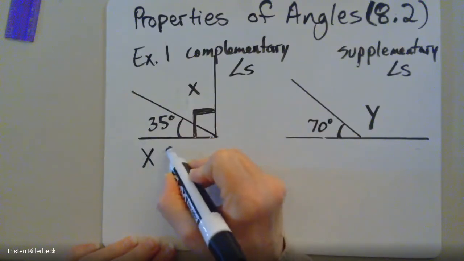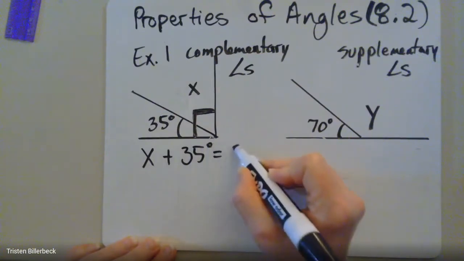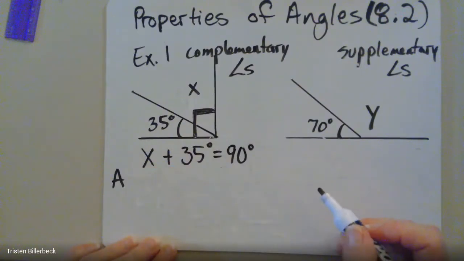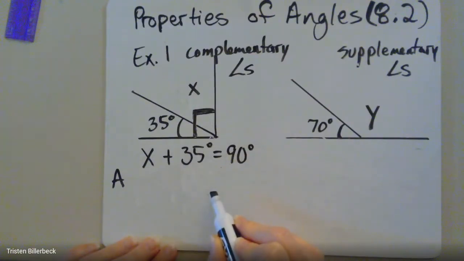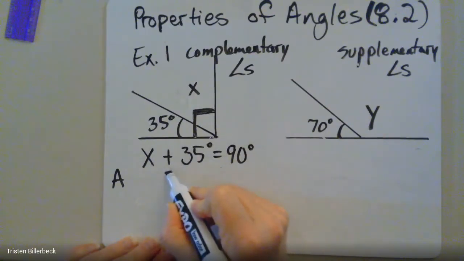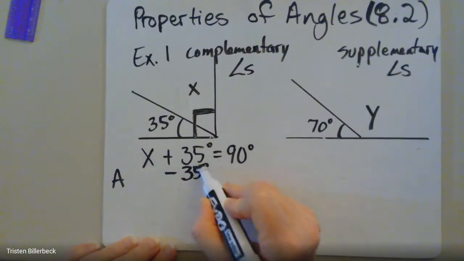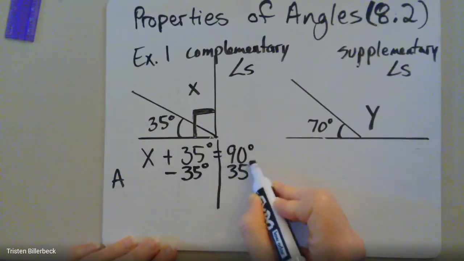So x plus 35 degrees equals 90 degrees. Now we're going to use an additive inverse to solve this problem. So plus 35's inverse would be minus 35 degrees. And if we do it to one side of the equation, we're going to do it to the other side.